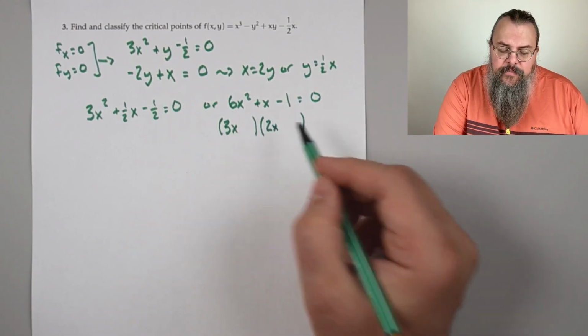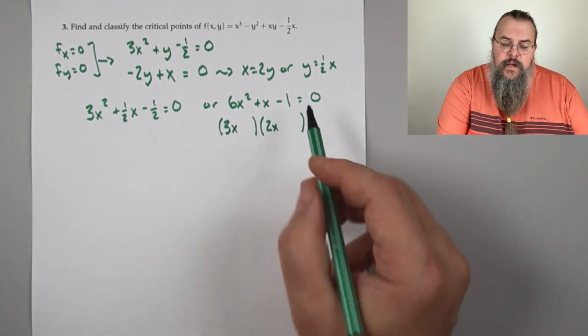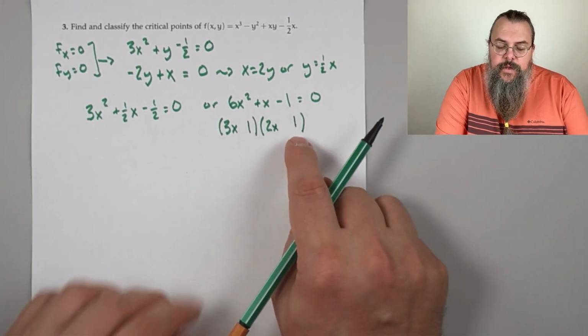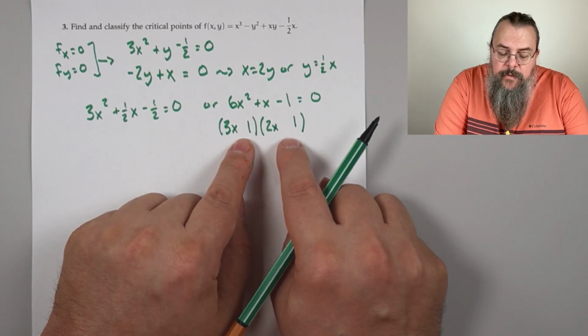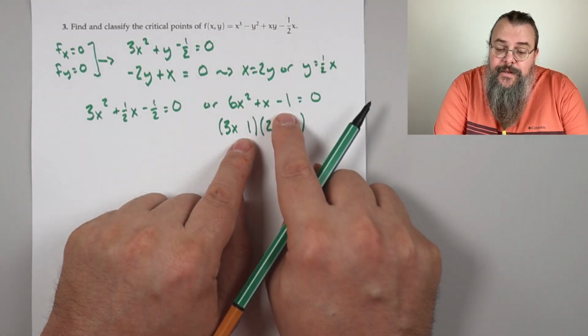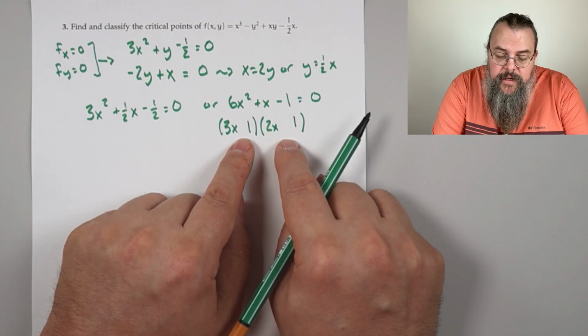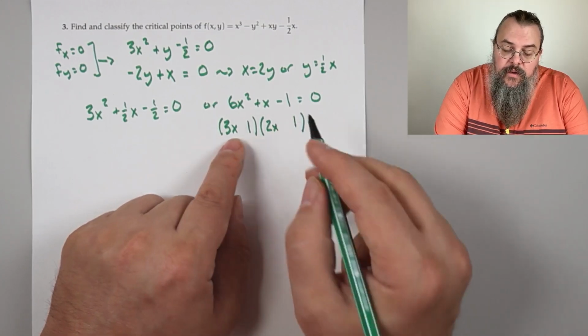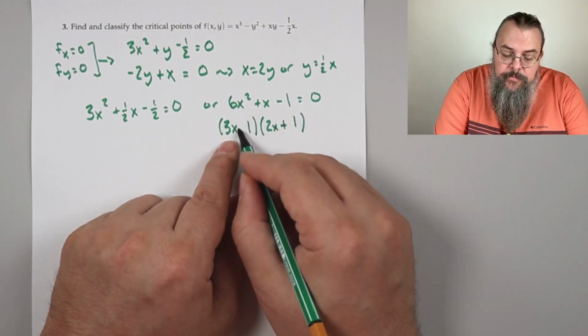Let's try this out. And what do we need? Well, not a lot of ways to break up 1. And we need to have one of these be plus and one of these be minus, because we want to end up with a negative 1. Now, which one should be the minus and which one should be the plus? Well, we probably want 3x subtract 2x. So I think this will do it.